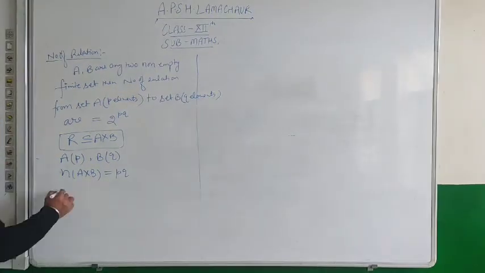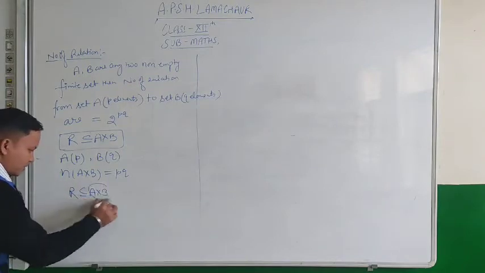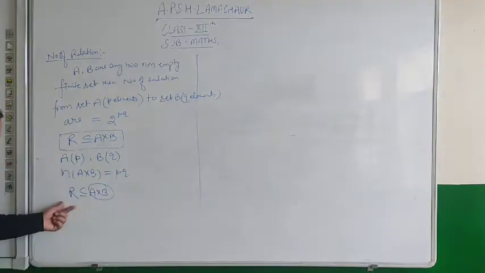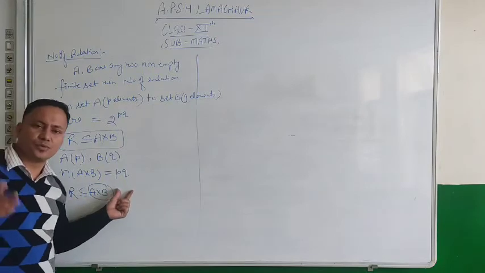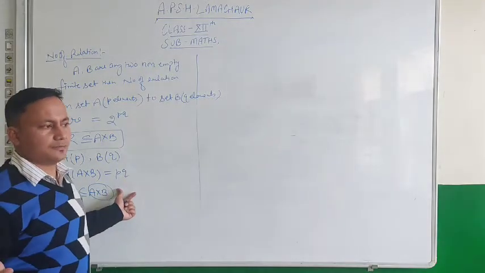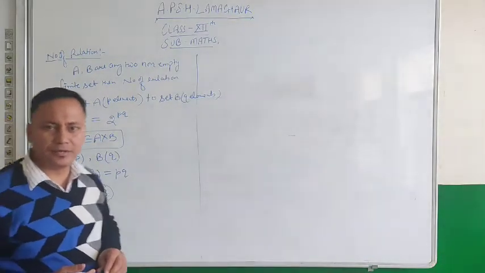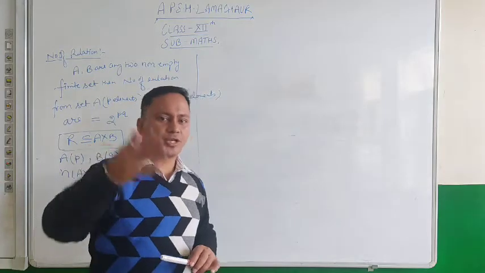Now, since R is subset of A cross B, because A cross B is another set, it is an ordered pair set. So अगर R subset है A cross B का, तो किसी set में अगर PQ element है, suppose as you learn in earlier classes, if any set having n elements, then the number of subset it can have will be 2 raised to the power n.